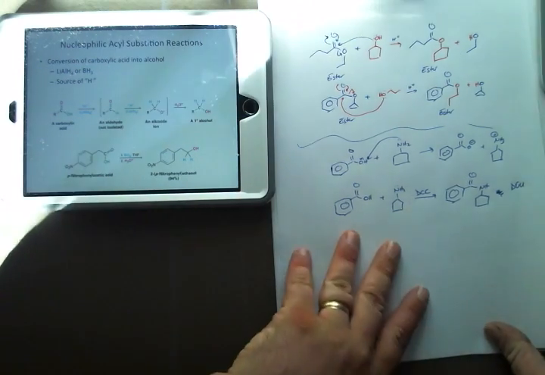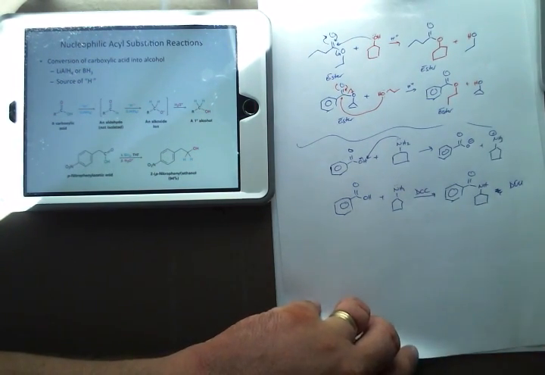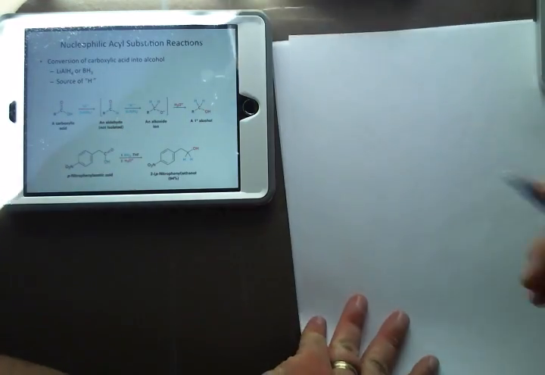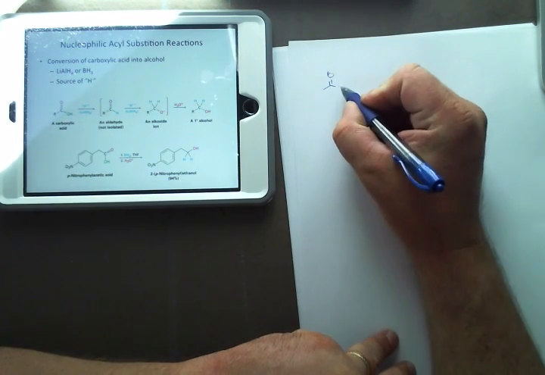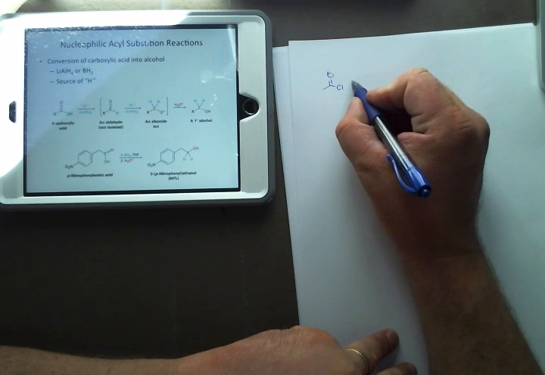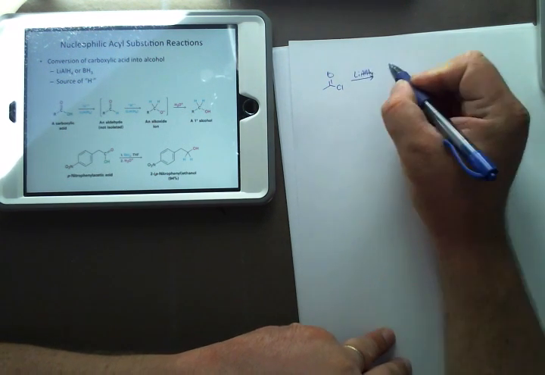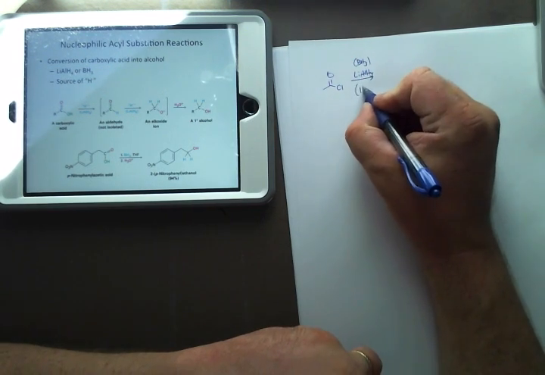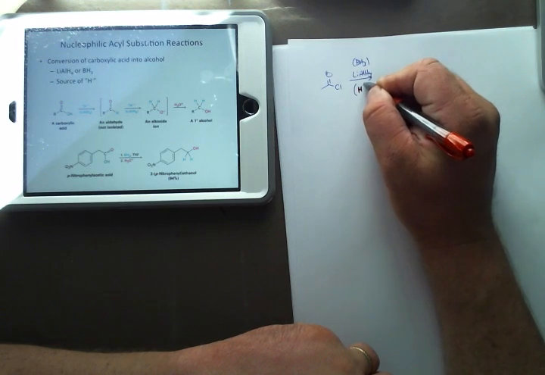Okay. Now, one of the weirder things is you have to be very careful when you're adding hydrogens or carbon groups to carboxylic acid derivatives. Let's say you have an acid chloride, something simple like that. If you add lithium aluminum hydride or borane, BH3, these are both sources of hydride.